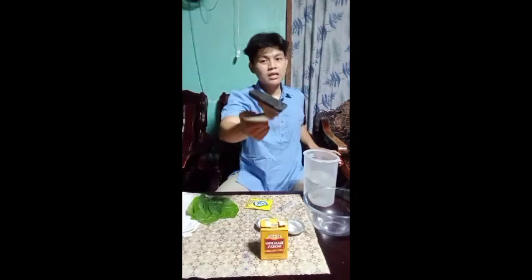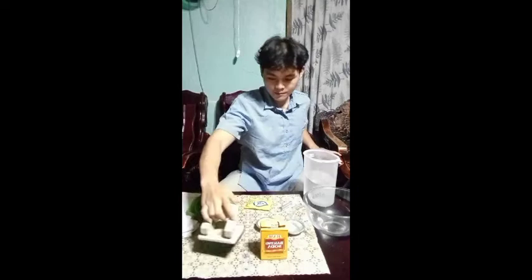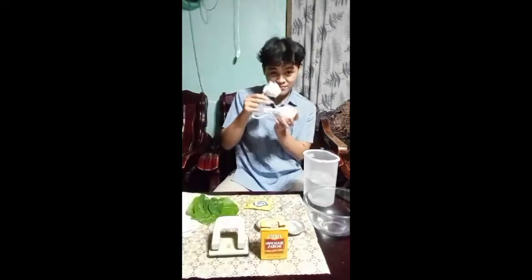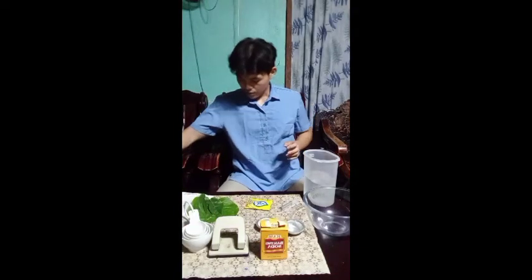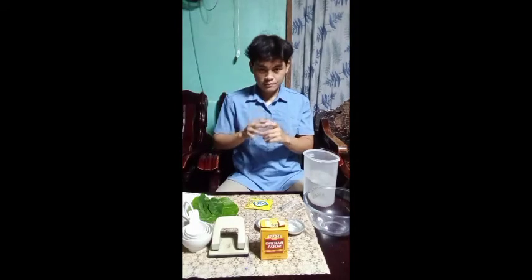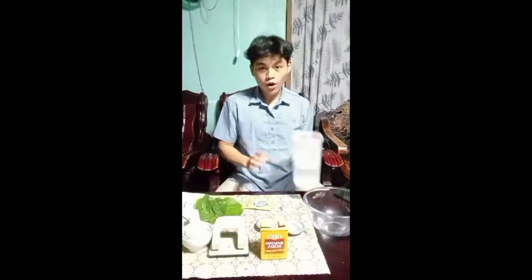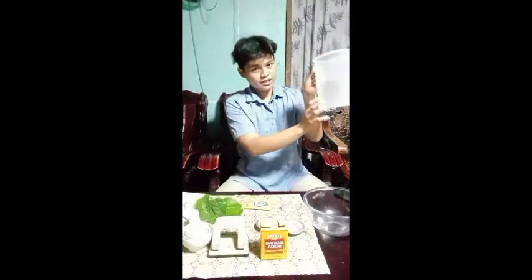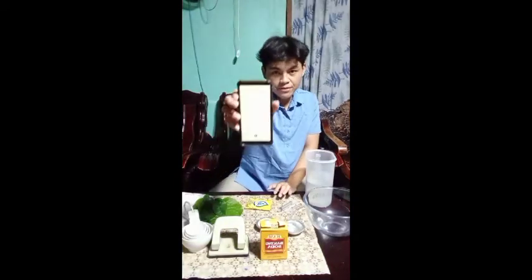Since I don't have a single metal hole puncher, I use this measuring cup. 4 transparent cups. The water. And also a timer.